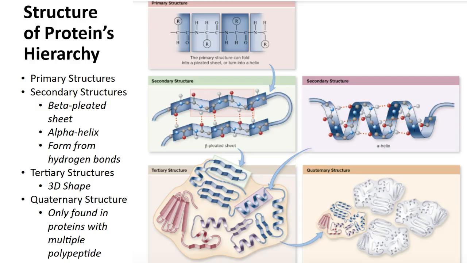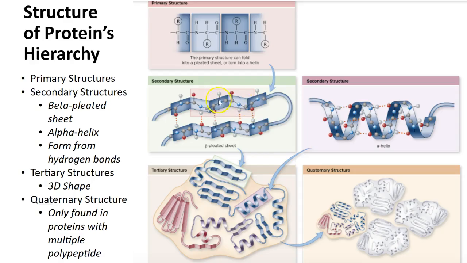And so this is a little bit of a depiction of the hierarchy of the protein structure. So you have this primary structure, once again, mainly peptide and disulfide bonds. And then from there, they can interact, forming these beta sheets or alpha helices, and these are formed by hydrogen bonds.